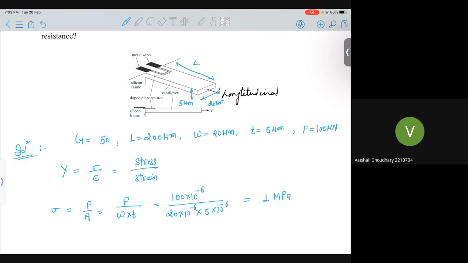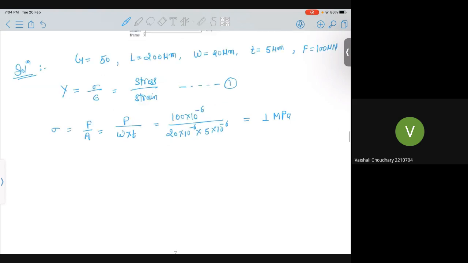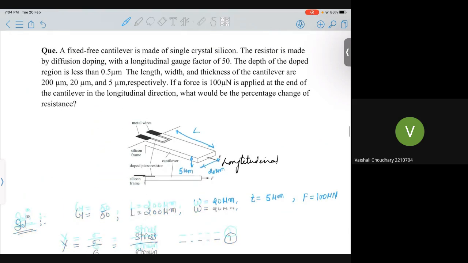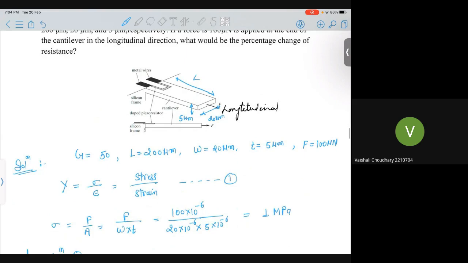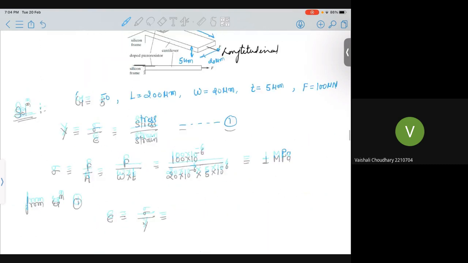Okay, now we have calculated the value of stress. Using this, we can calculate the strain. So from equation 1, strain can be written as stress by Young's modulus of elasticity, which is given as 130 gigapascal.